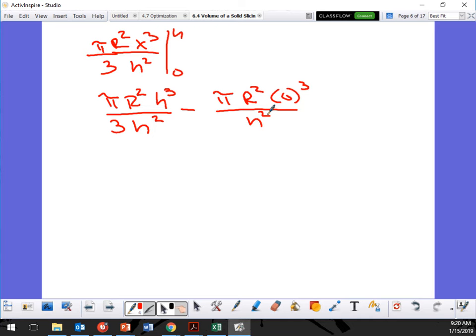What's going to happen to my h's over here on the left? Am I going to cancel out? Yeah, I'm going to cancel out 2 of them. So now I'm left with 1/3 pi r squared h minus 0, and that's equal to my volume formula.